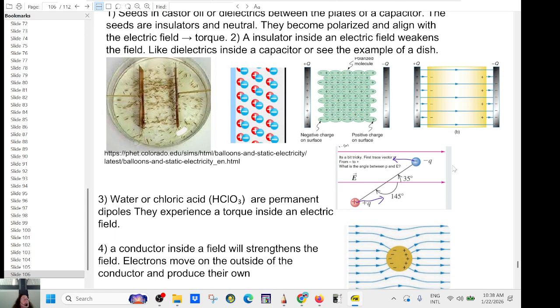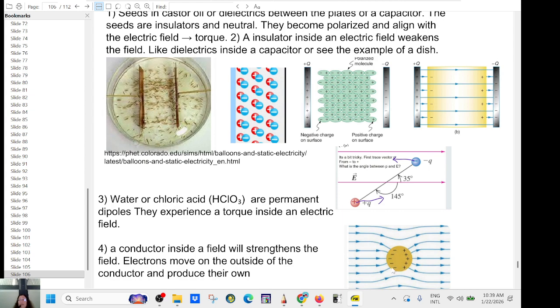Exactly. Okay, so in an insulator, the electrons cannot move freely. So you can have an electric field inside the insulator, but the molecules can be polarized, so you end up with pluses on one side, minuses on the other side. If you have a conductor, you cannot have an electric field inside.